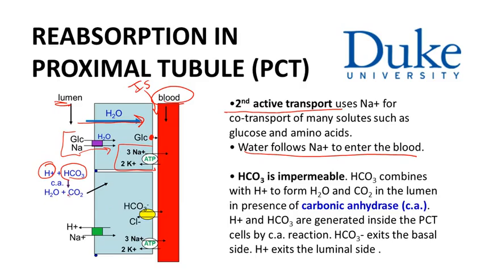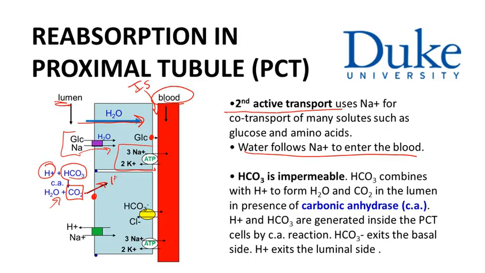And in the tubule lumen, on the surfaces of the proximal convoluted tubule epithelial cells, we have carbonic anhydrase activity. Carbonic anhydrase, as you remember, will generate water and CO2 from a proton and bicarbonate. And the proton and the bicarbonate cannot move into the cells, but the water and the CO2 can freely enter into the cells.